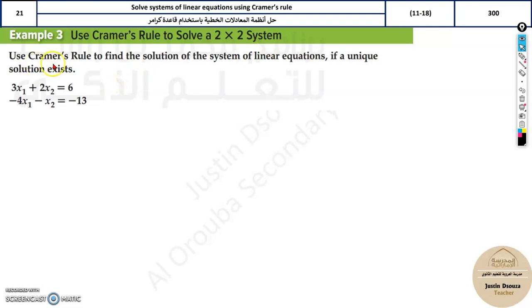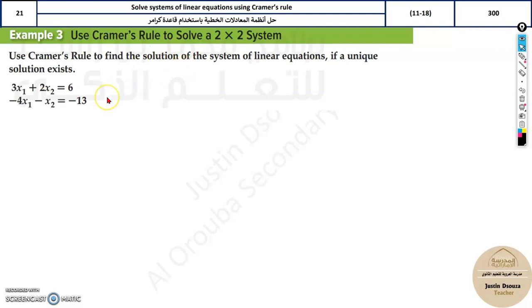Now, Cramer's rule is a very effective rule where you can solve any system of equations, whether it's a two system or three system, by making a matrix. There are other ways to solve this as well, but since they have specified to use Cramer's rule, you have to follow Cramer's rule.